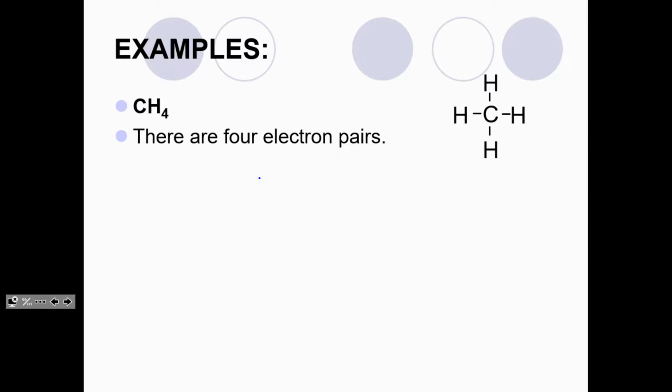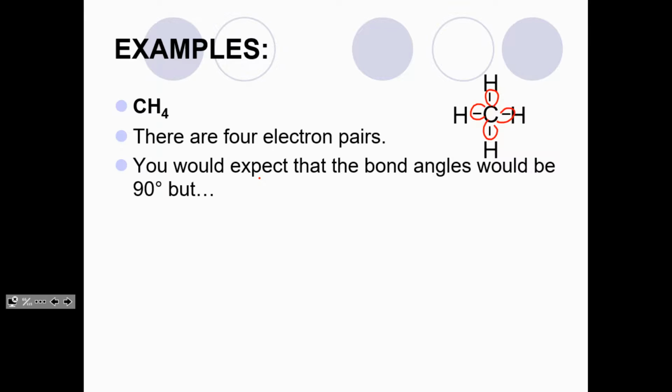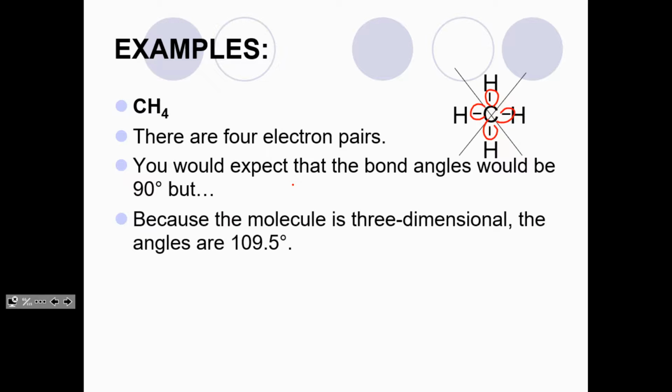CH4, this is called methane. We have 4 carbon to hydrogen bonds. There's 4 electron pairs, 1, 2, 3, 4, which once again we call REDs. So if I were to circle those for you here, and we have a shape for this. On a 2-dimensional screen, it looks like the bond angles, the space between the bonds, are 90 degrees.